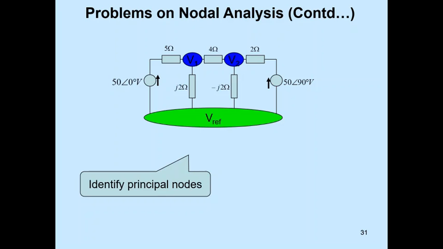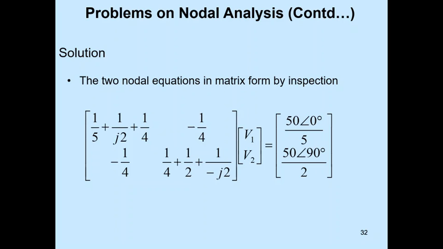From this, V1 minus 50 at an angle of 0 by 5, V1 by J2, V1 minus V2 by 4. This is the first equation. And V2 minus V1 by 4, V2 by minus J2, V2 minus 50 at an angle of 90 by 2 ohms. So like this, these 2 equations by simplifying and put into matrix, this is the case.